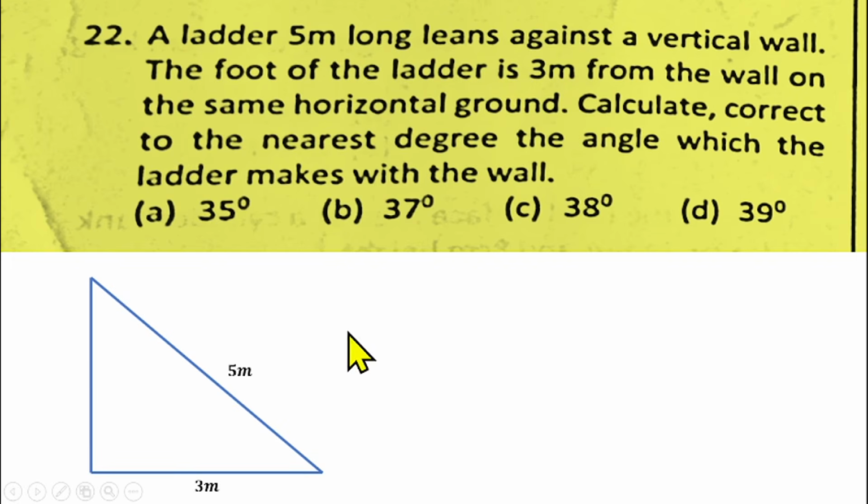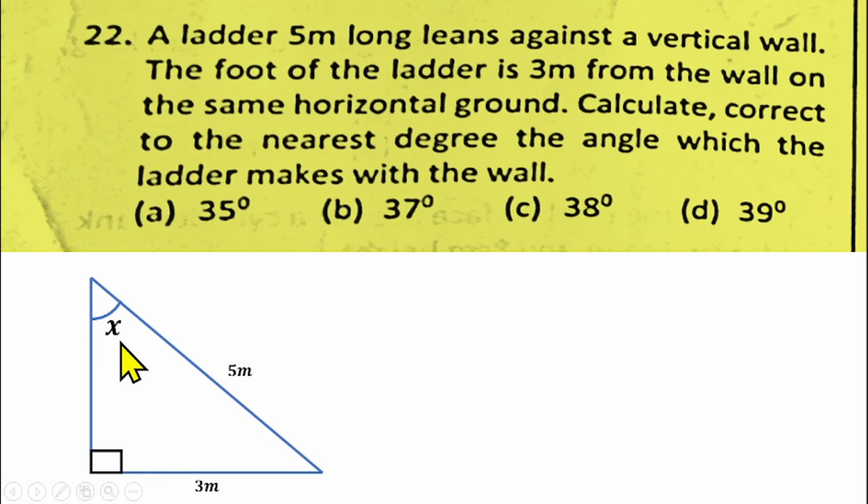So we have to calculate the angle which the ladder makes with the wall. That means the top of the ladder will make an angle with this wall here. So we can label that one X. Of course we know that the wall will be perpendicular to the ground, so that gives us a right angle triangle.